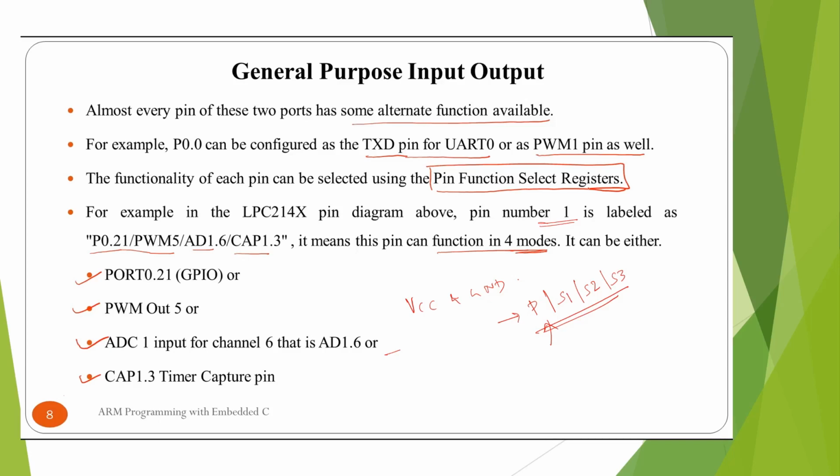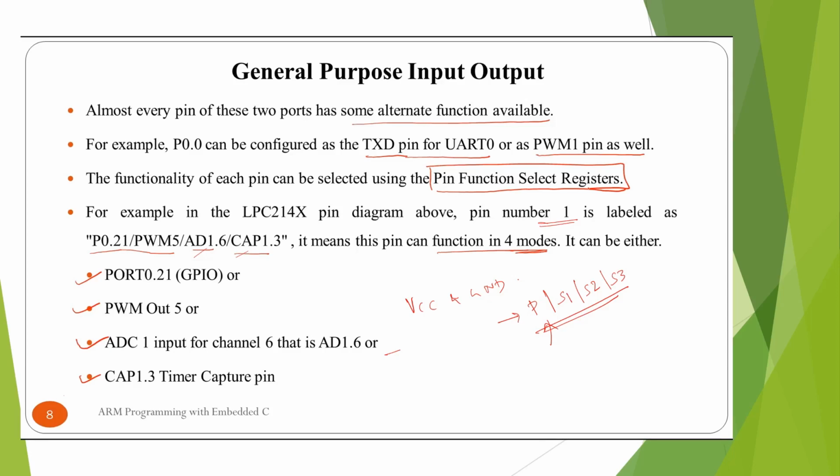So if you want to select secondary functions, for generation of either PWM, A to D conversion or timer capture, you have to use this pin select register for operation, whether primary function or secondary function.